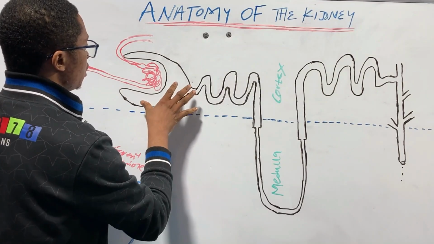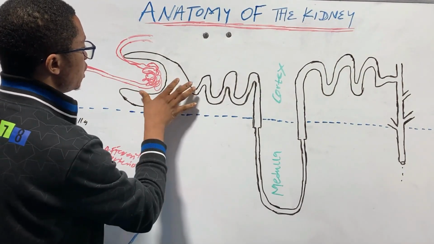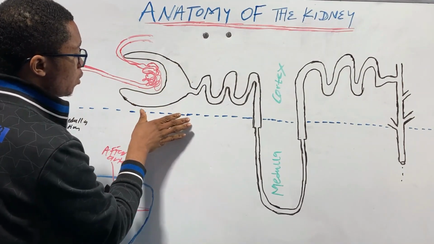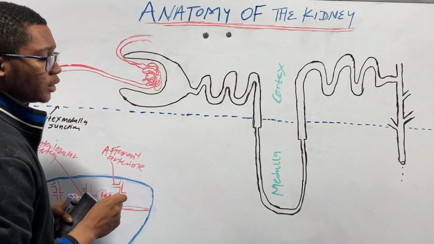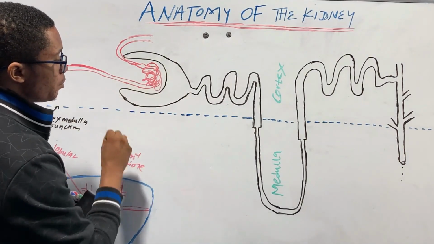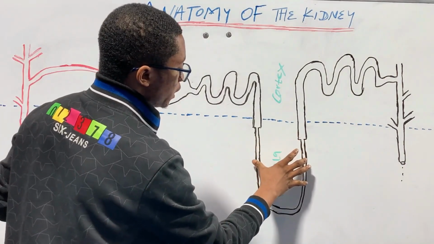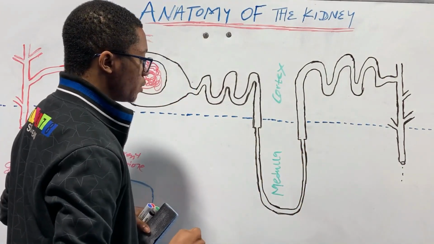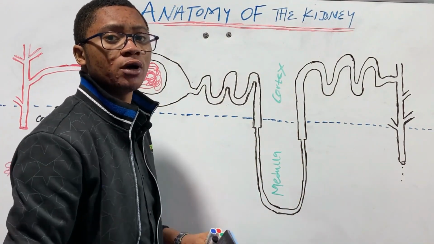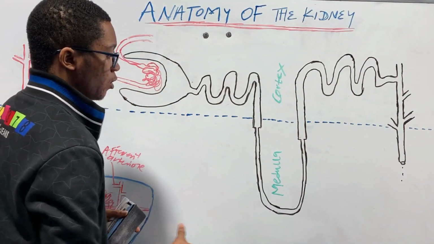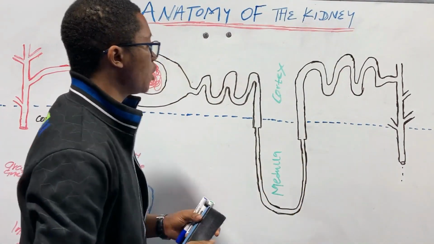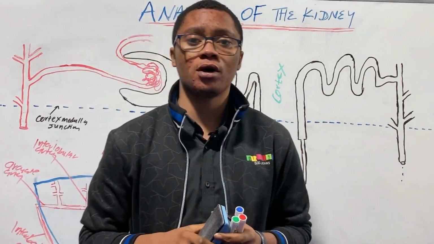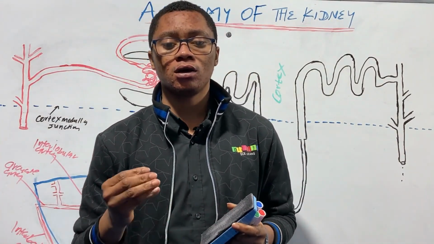In the juxtamedullary nephron, the glomerulus lies adjacent to the cortex-medulla junction. This is an example of it, while the loop of Henle descends down into the medulla, almost getting to the apex of the renal pyramid. These are the two types of nephrons found in the kidney.